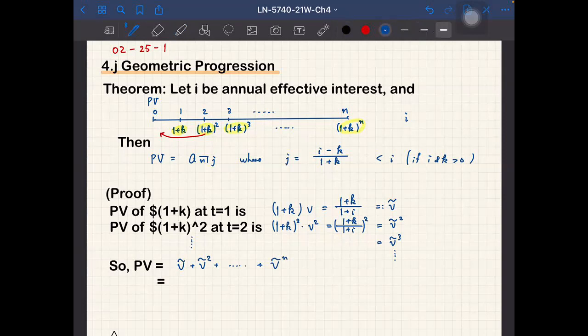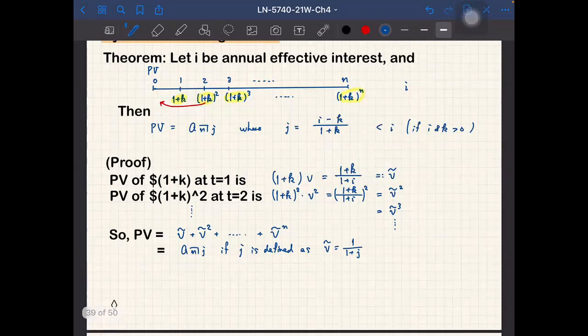So we can write this as a angle n at j, if j is defined as v tilde equal to 1 over 1 plus j. Because in general, a angle n at i is equal to v plus v squared plus up to v to the nth power.